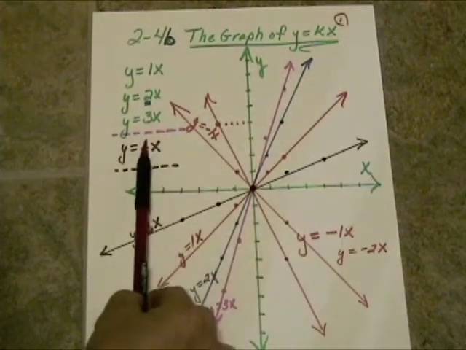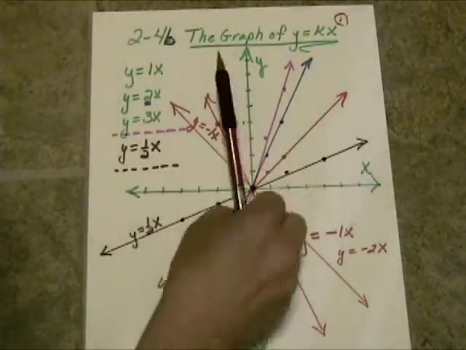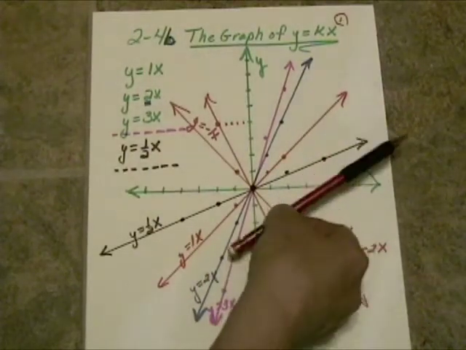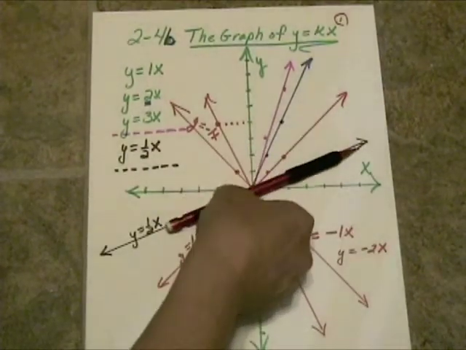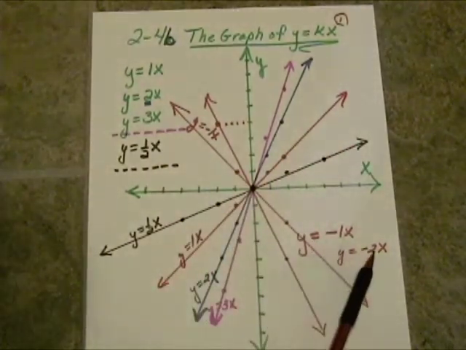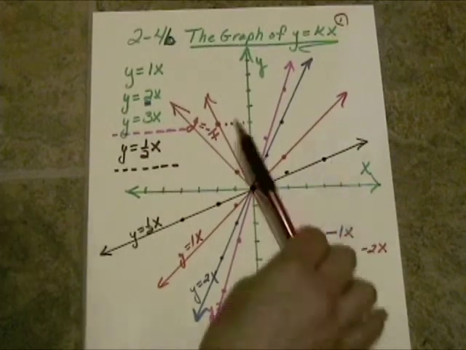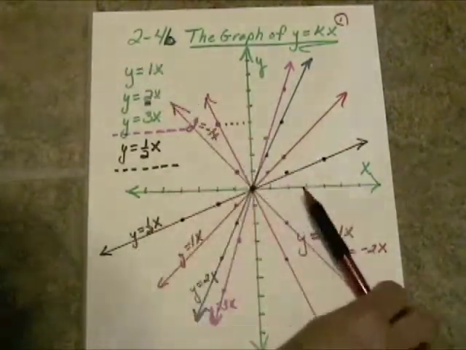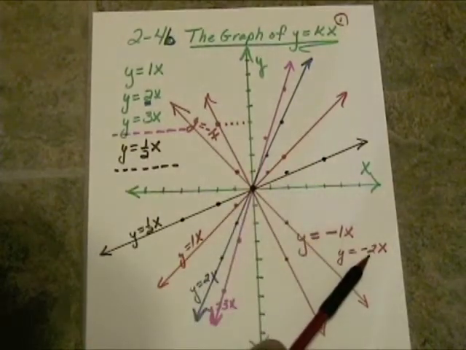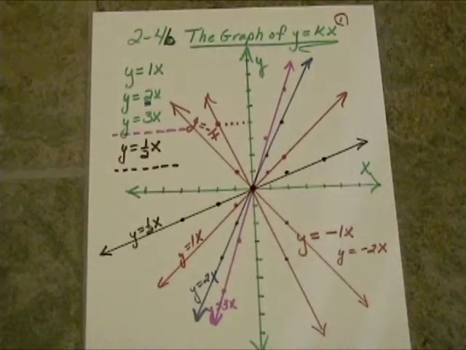As k got smaller but still positive, it started to flatten out a little bit, as you can see here at 1/2. And when we made negative numbers for the k, the lines began to go downhill, again more steeply as they became more negative.